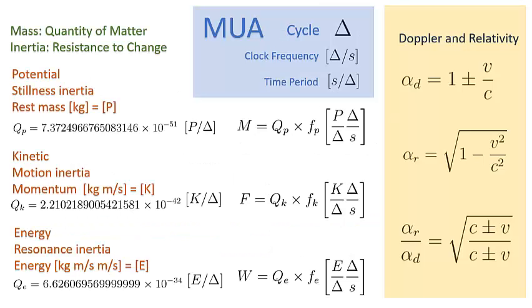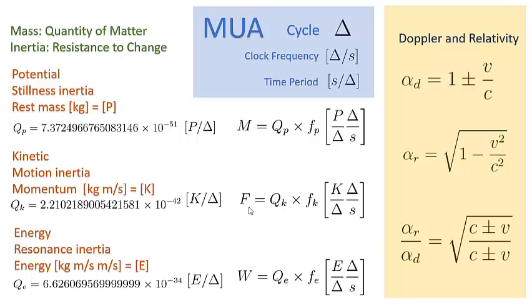So long story short, this is how I use the quantum of potential and quantum of mass, and this is how I use the Compton frequency equation, which looks very similar to the power equation and the force equation that I showed you before. This equation can be used to calculate the mass of a particle if you know the frequency, or the frequency of a particle if you know the mass.